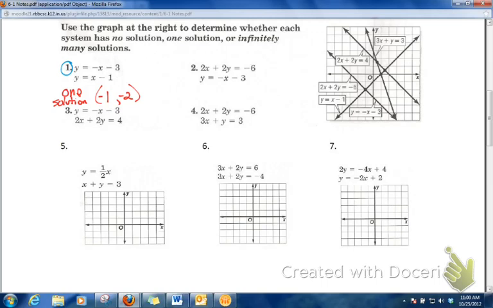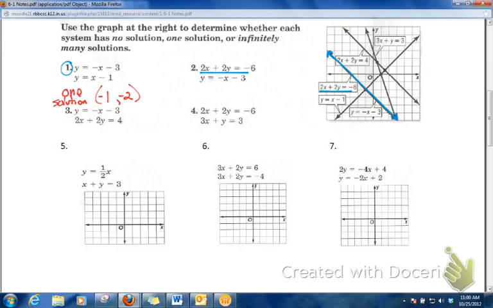Alright, and we're back. Problem number 2 here. The first equation, again I'll do this in blue, is 2x plus 2y equals -6. That would be located right here, so that is this line. If you notice, this line has two different equations for it. So that's that line.